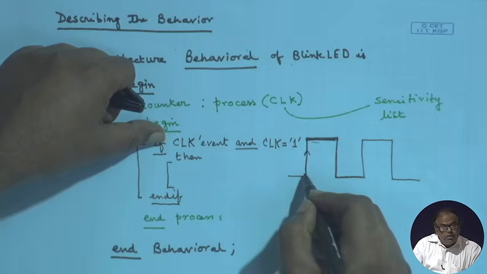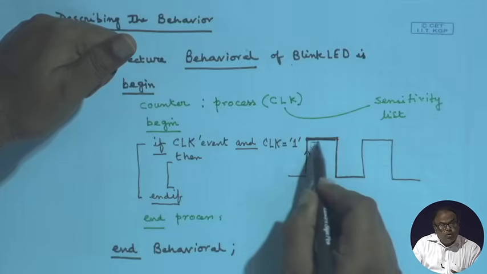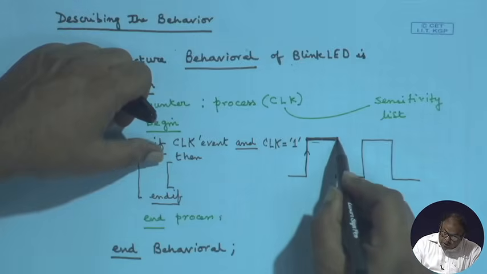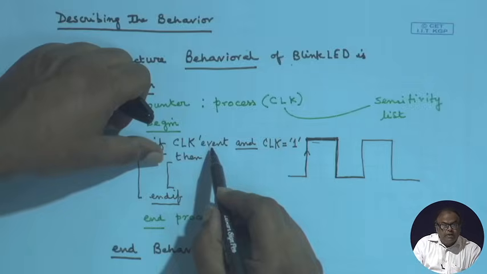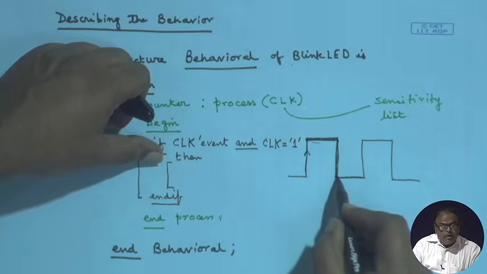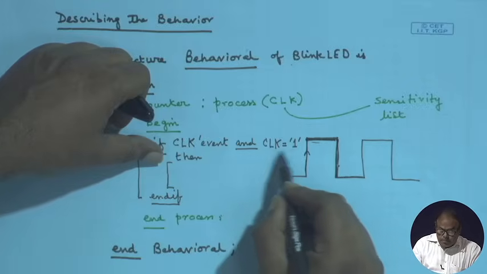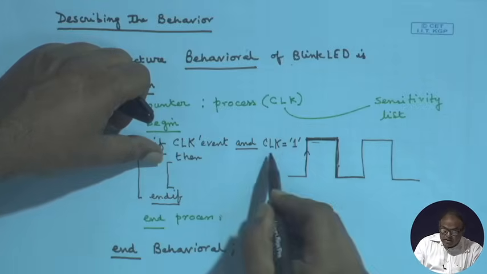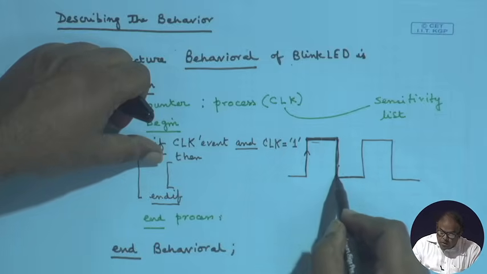Event has occurred at the rising edge, and this condition is true. Event is occurring also here, clock edge event. So, the clock edge event is occurring here as well as here, but we will see later that this is a guard condition. This is a condition that clock is 1 is no longer holding here.